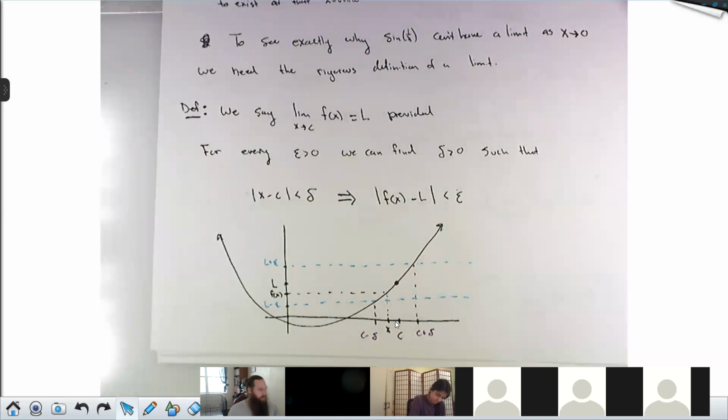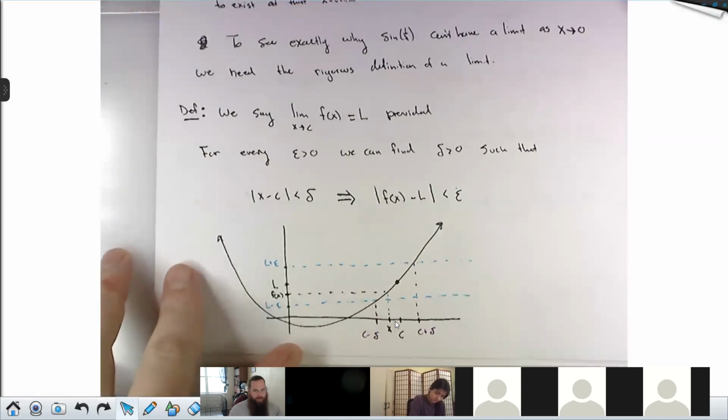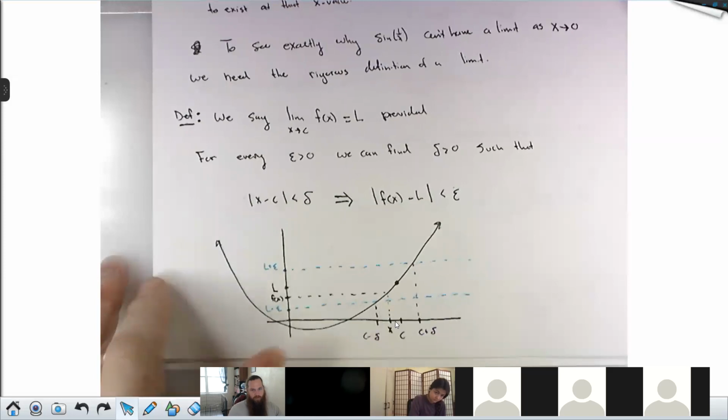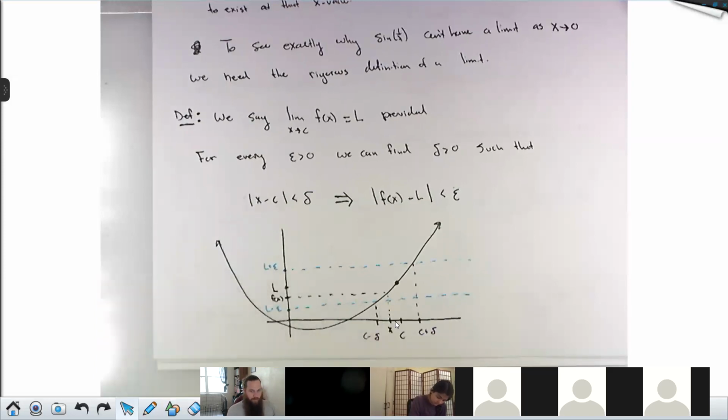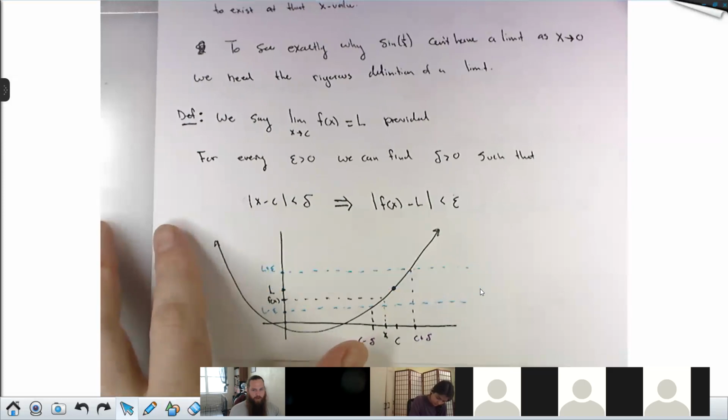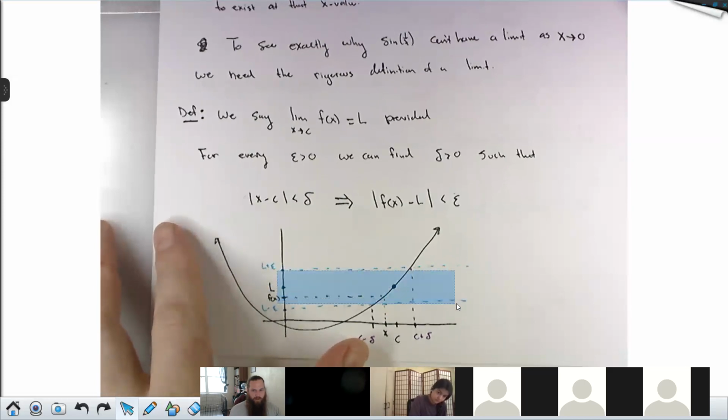That's your task. That's how you prove a limit exists. So you pretend like there is some unknown positive number epsilon, then you create an epsilon window about your suspected limit L, and it is your job to find the delta window about c that keeps f of x within that epsilon window as long as x is within the delta window.